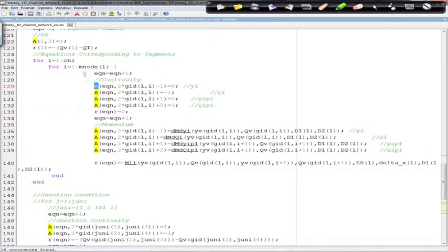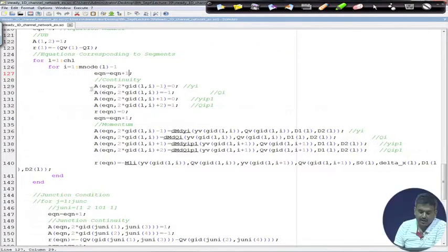Whenever we are entering into the system, before this continuity equation I am increasing the equation number: eqn equals eqn plus 1. The entry is 2 GID Li minus 1, that means whatever this Li value may be, I will have one unique ID or GID for my case.